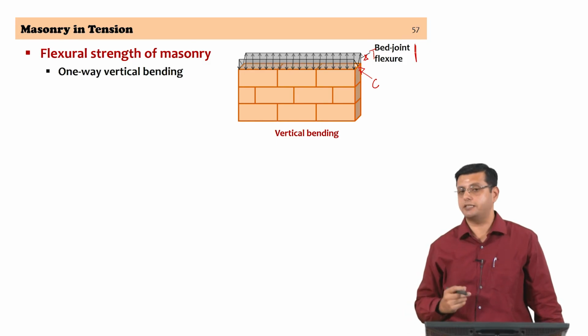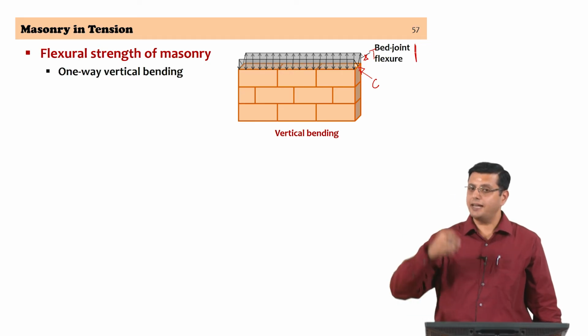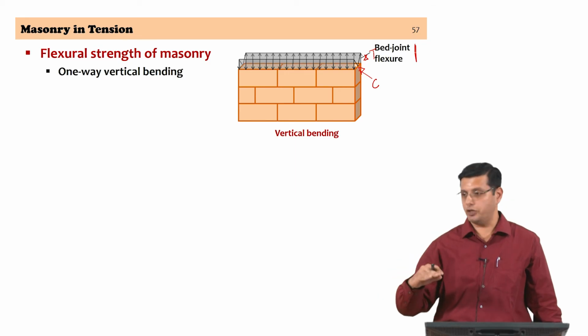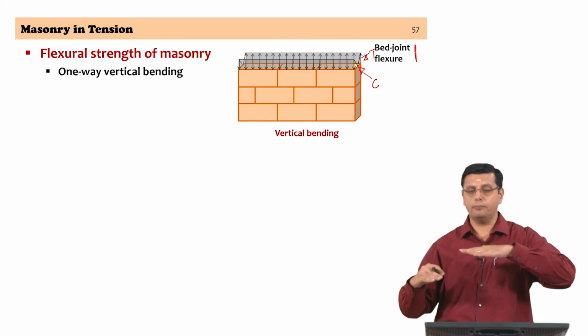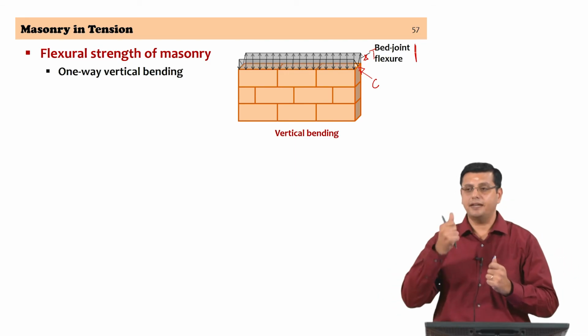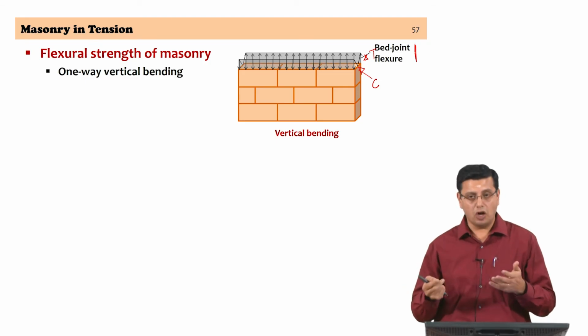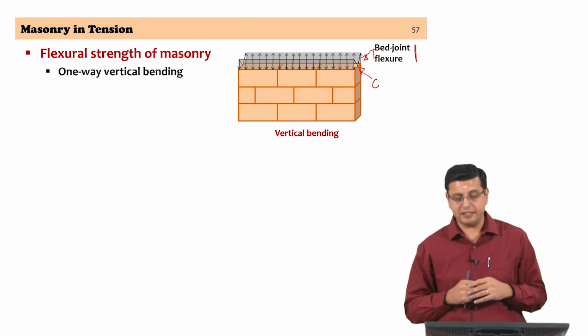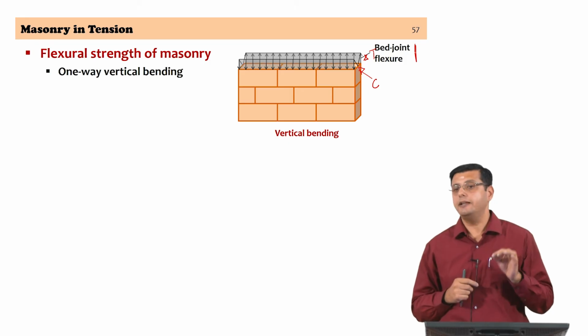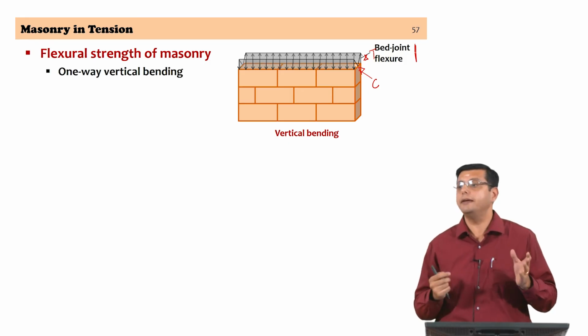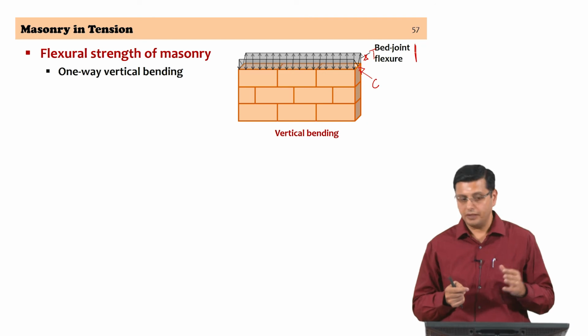You should be able to estimate the bed joint flexural strength. In this case, tension is actually acting perpendicular to the bed joint, right. You will agree with me. You have the bed joint and you see that the tension is acting perpendicular, normal to the bed joint. So, bed joint flexure is a parameter that is essential if you were to estimate the vertical bending capacity of a masonry wall.